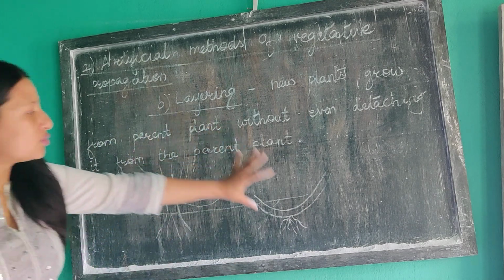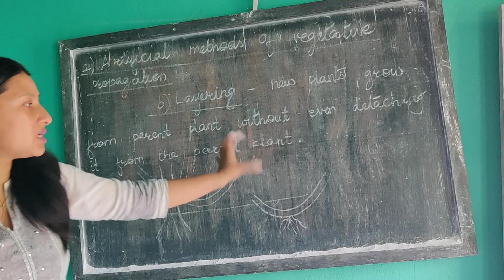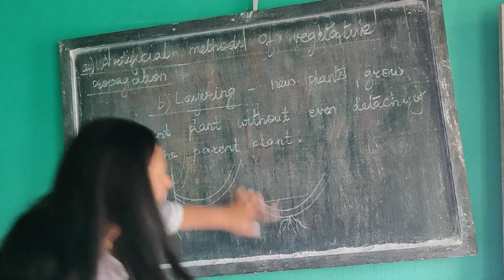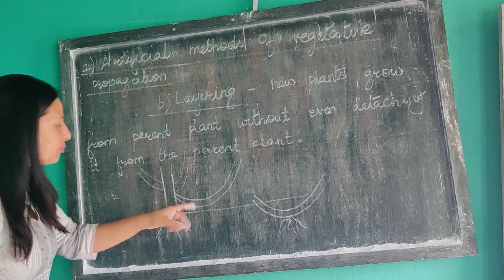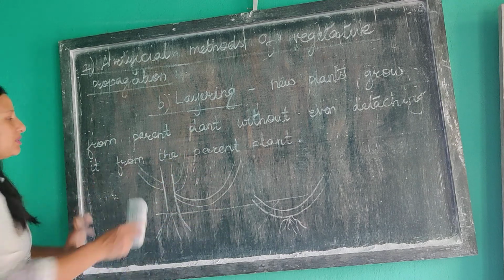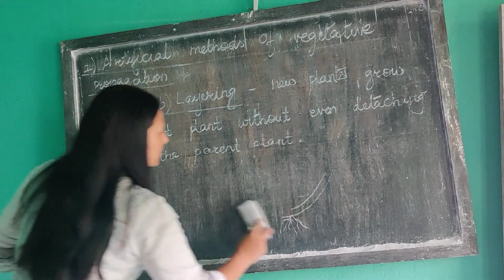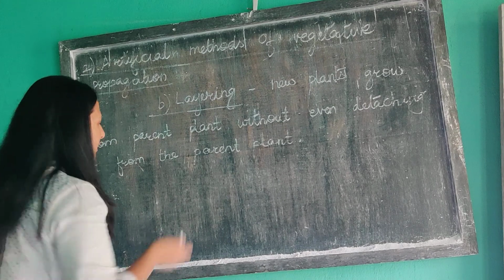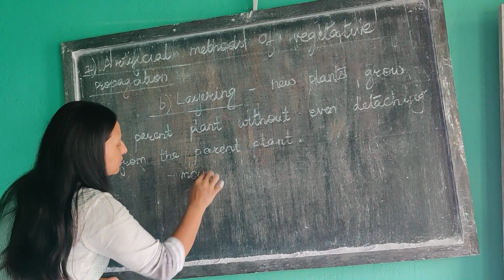In this way, roots develop and new plants develop. This type of layering, जहाँनिर चाहिँ ब्रान्चलाई पुल गरेर माटो भित्र हाल्छ, is called mound layering.